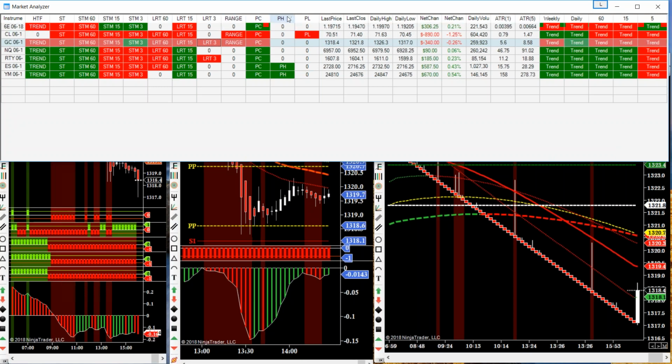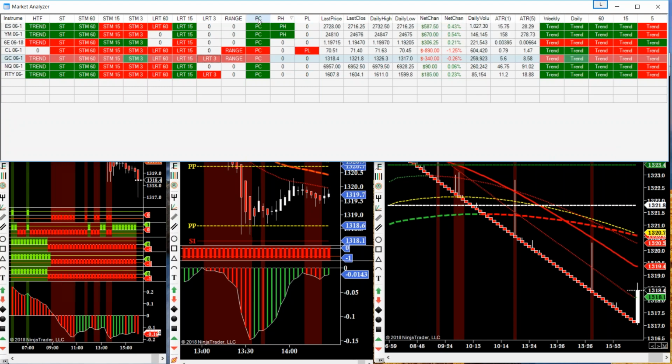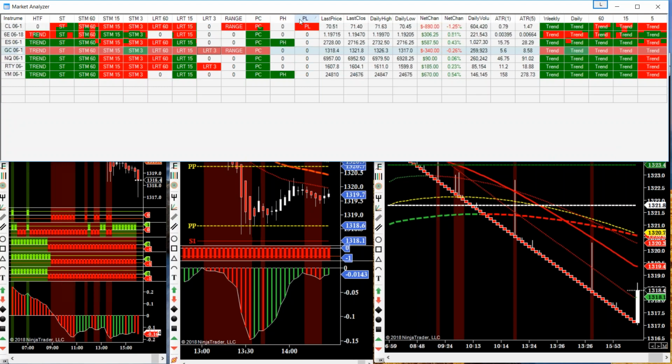And I always like to be trading above or below the prior day high and low if I can. Crude was trading below the low of the range, but did not quite have that higher time frame trend signifying a much longer, extended run, just like a daily run.